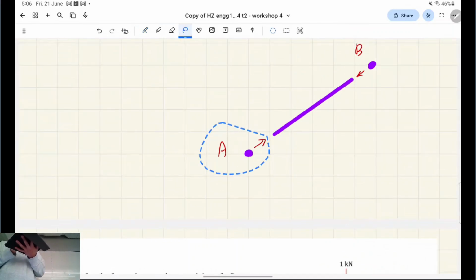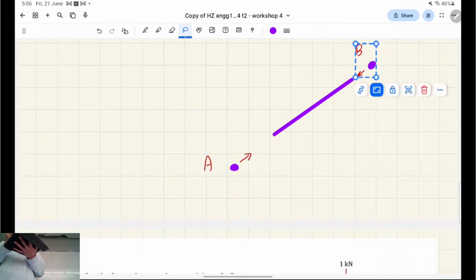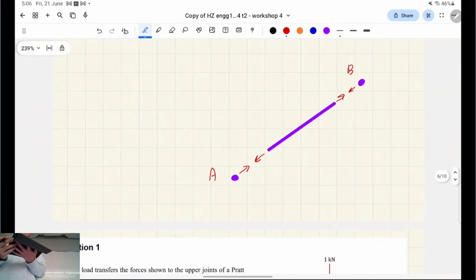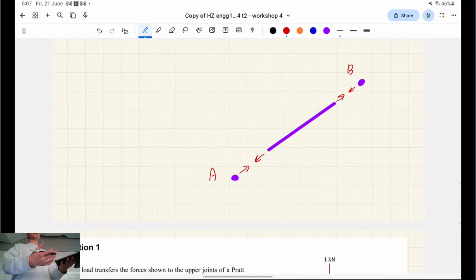Let me move this. Because the equal and opposite reactions will cause the member to be pulled apart like that, right? You following? So we just assume all the members we don't know are in tension, and then if it's a negative value, it's technically in compression. But we just keep the arrows pointing away from the nodes.